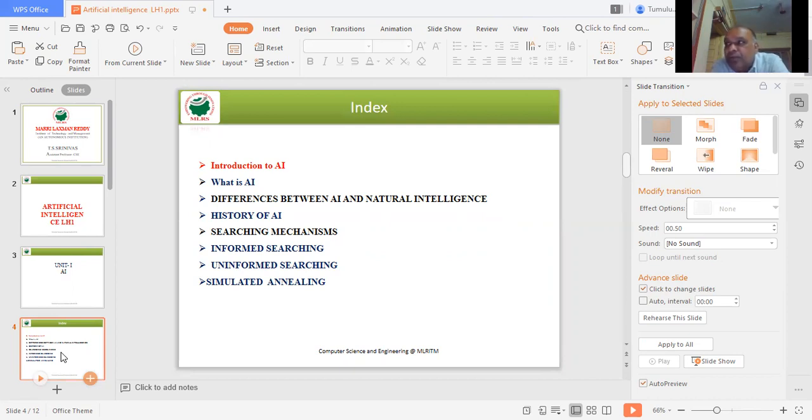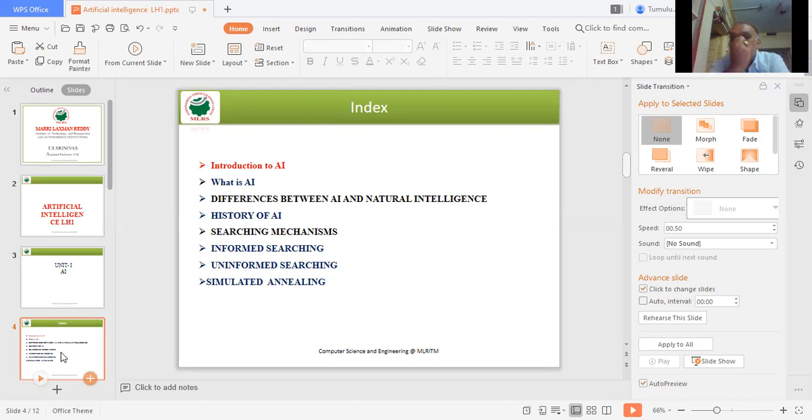What are the rules, the constraints, the rules and regulations, and the proposition logics that are to be performed in artificial intelligence. So we have different searching mechanisms, like informed searching mechanism, uninformed searching mechanism, and finally we are going to understand simulated annealing.